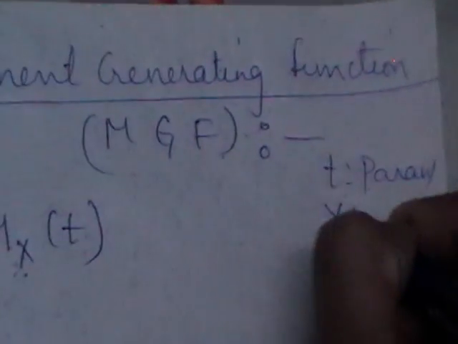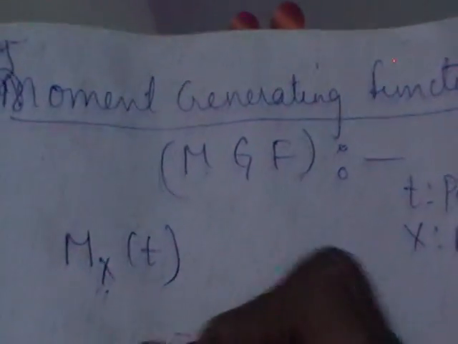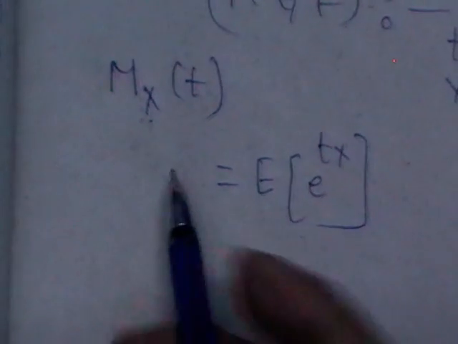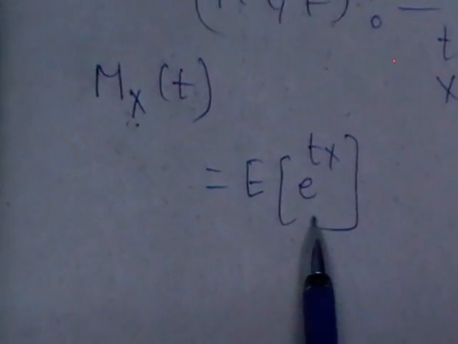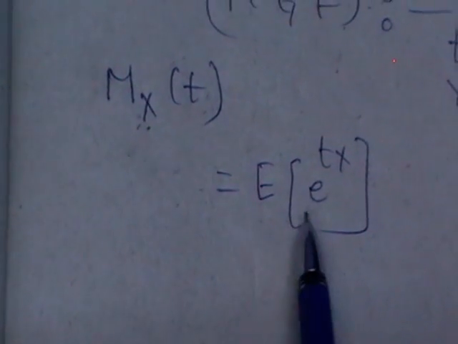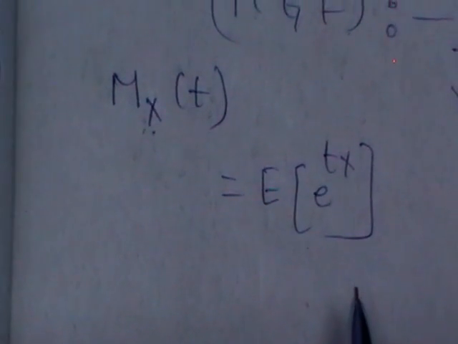Moment generating function is defined as expectation of e power tx. M_X(t) is equal to expectation of e power tx. The moment generating function of any random variable is defined as expectation of e power tx.